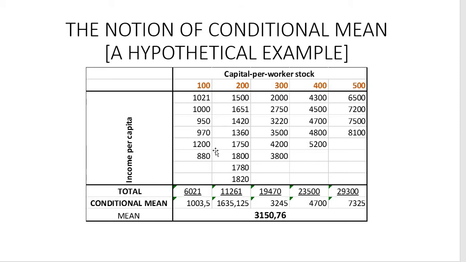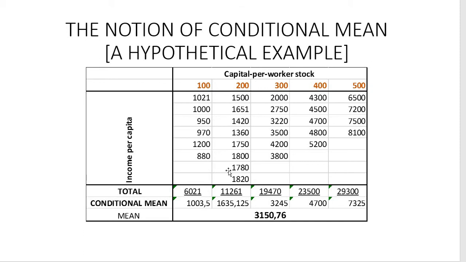If you calculate the average value for all the countries with capital per worker stock worth of $100, this is what you have. This is conditional mean. What value of income per capita should you expect if the country has $100 capital per worker stock?